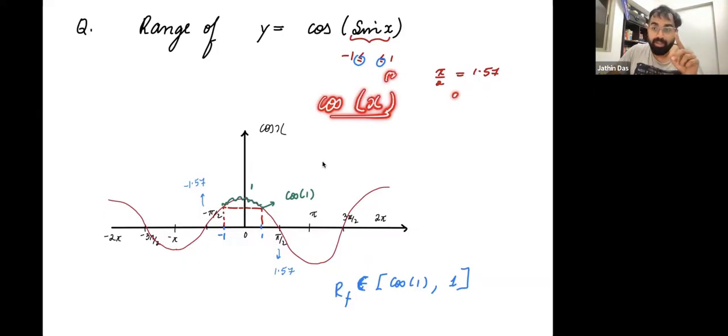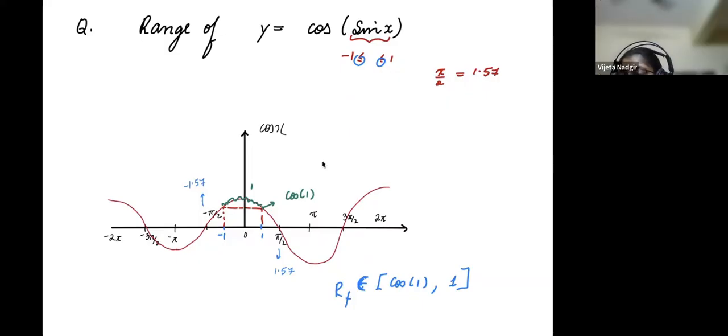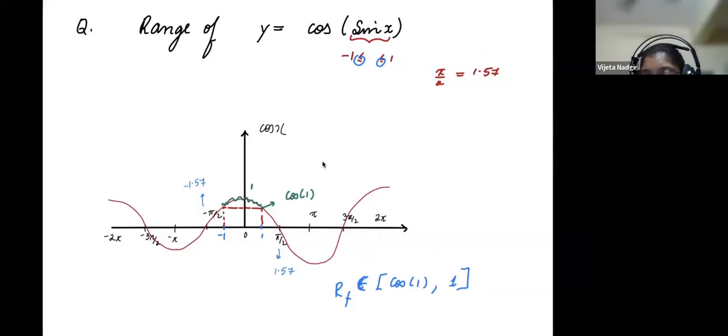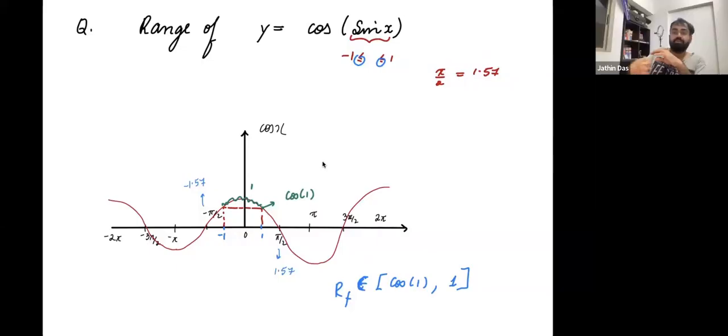I call it R club, whose domain is always real. So polynomial functions are real. You put any polynomial function inside cos and sine, you don't have to worry at all. Log x's domain is not real, but log x's range is real. So if you put sine of log x, no problem. -1 to 1 only will come.